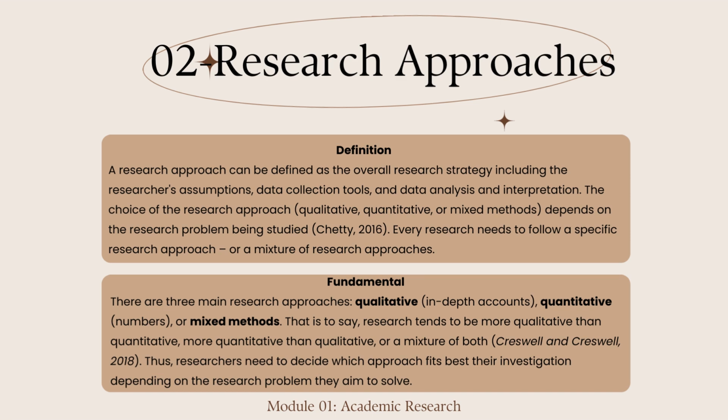That is to say, research tends to be more qualitative than quantitative, more quantitative than qualitative, or a mixture of both. Thus, researchers need to decide which approach fits best their investigation, depending on the research problem they aim to solve. So, if your research interest is collecting people's experiences but also collecting numbers, then you would opt for a mixed methods approach.